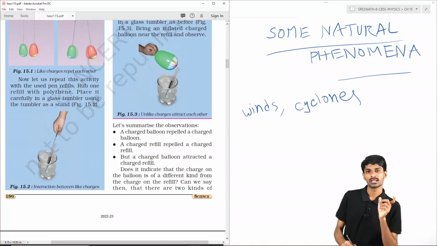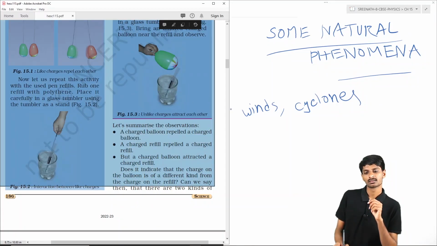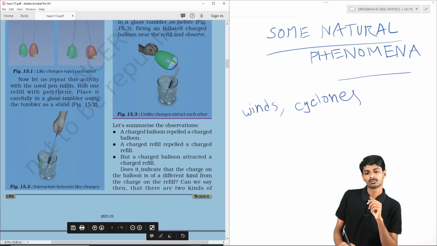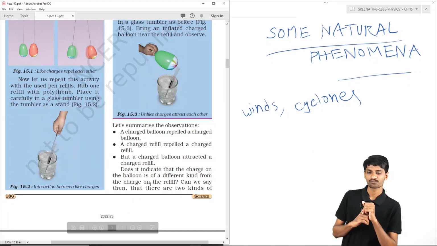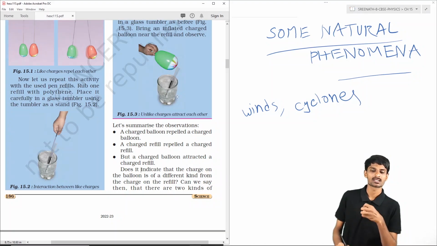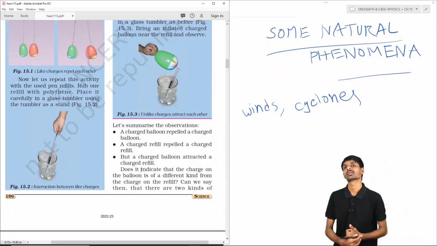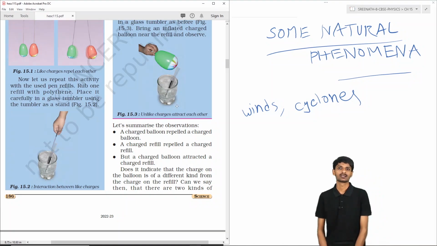But when you place the balloon with the refill, they attract. So what we concluded, students, is that the balloon is charged and the refill is charged, but the charge on the balloon is different from the charge on the refill. That's why they are attracted.